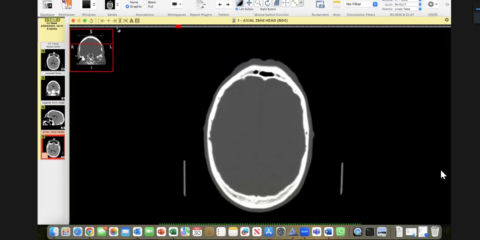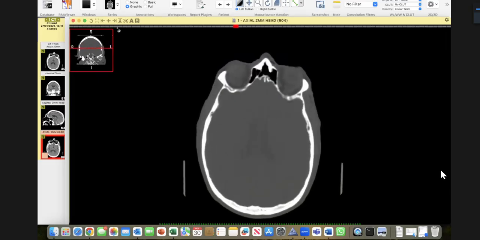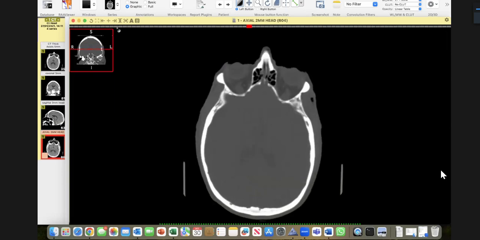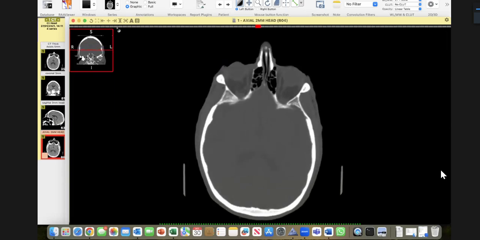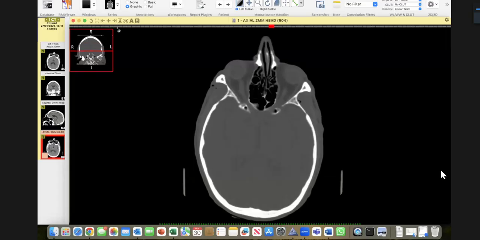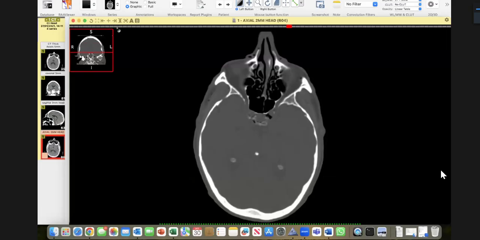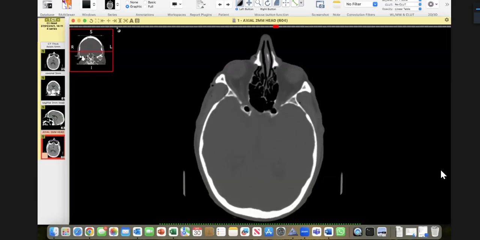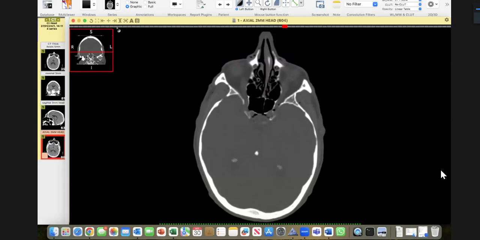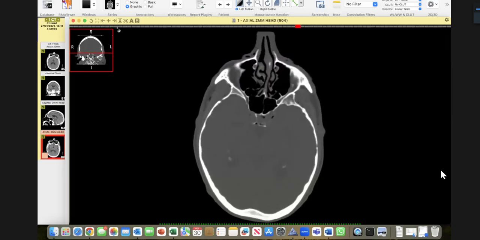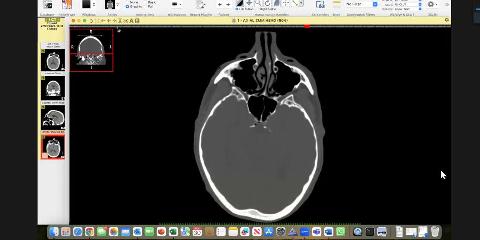The frontal sinus, ethmoid sinus, and maxillary sinus appear unremarkable. I'm going to the area of the middle ear cavity and mastoid cells. Some air foci are appreciated within the soft tissues of the bilateral temporal lobes and within the left optic canal area. Sorry, I lost you there.